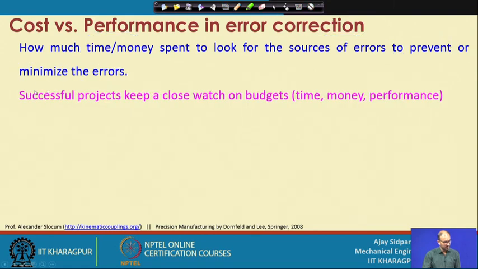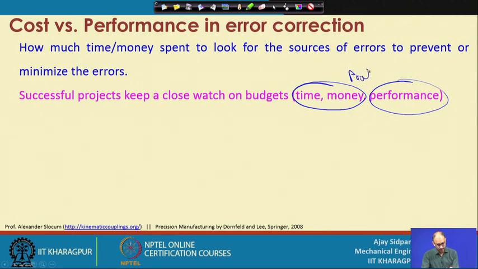Right. So, what is a successful project? A successful project keeps a close watch on the budget, because you have to understand how much gain in performance you get by spending how much time and money, because these two things are very important. You cannot always just think about spending time and money; you also have to extract more performance or more components by spending them, because ultimately everything is connected with the profit.